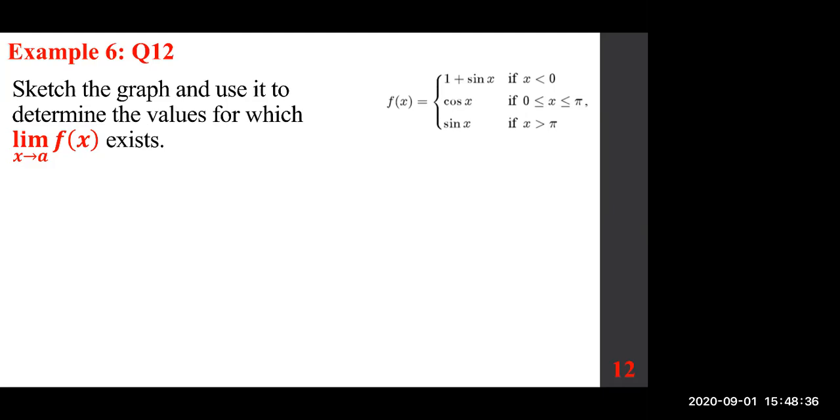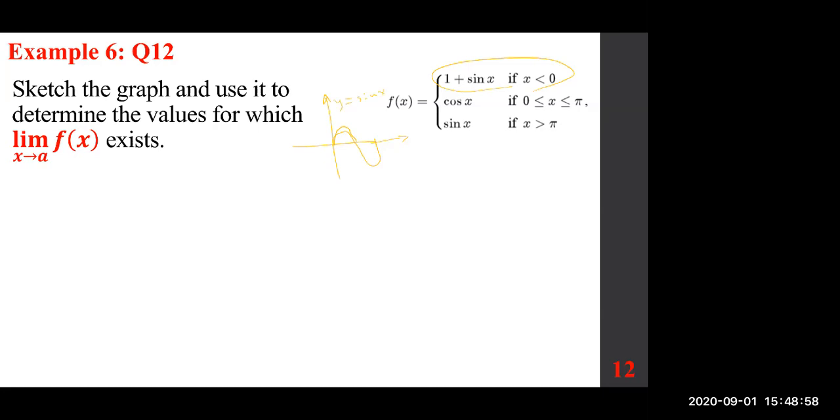So for this one, you just graph sine x. Again, I'm reminding you what sine x is. Okay, this is sine x. This is the graph of y equals x.